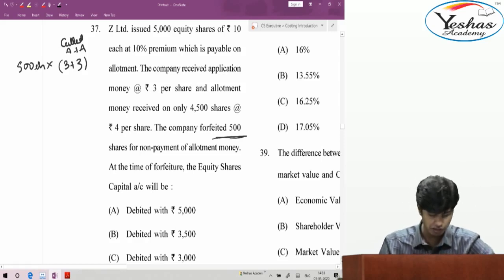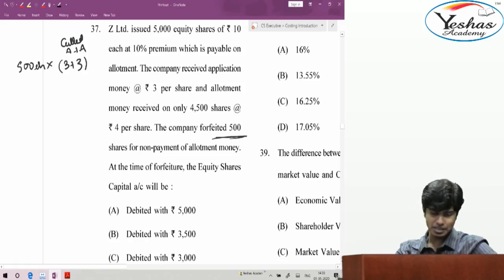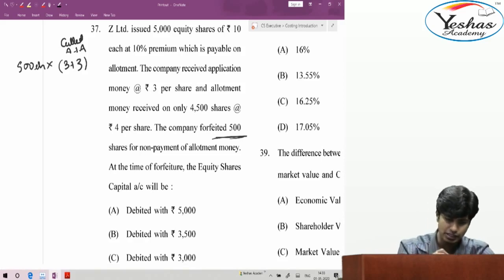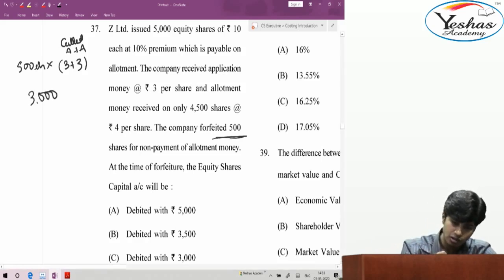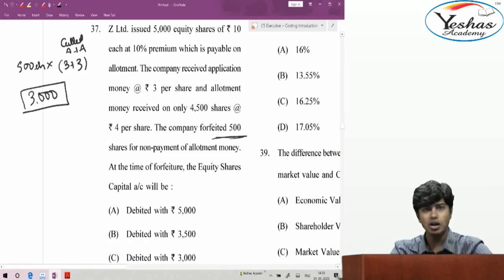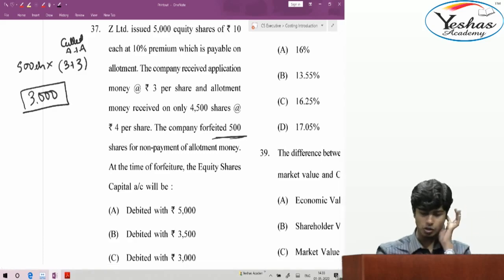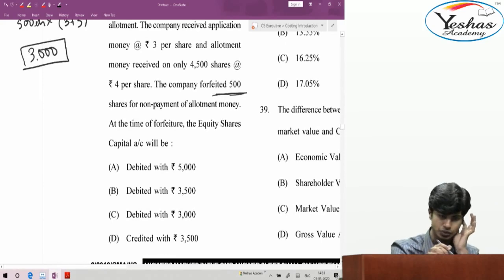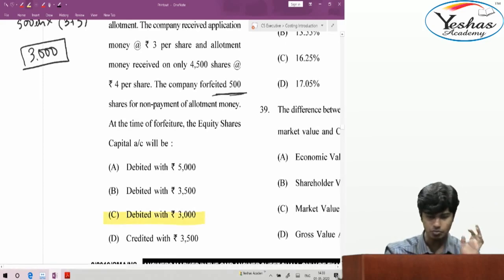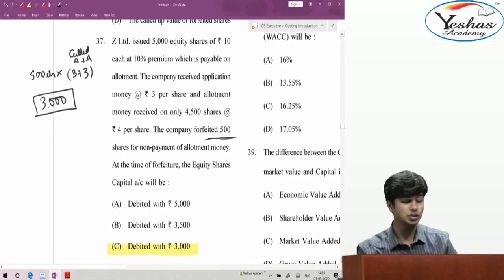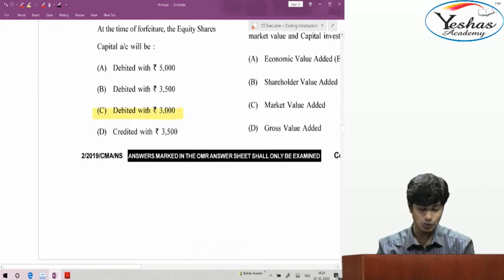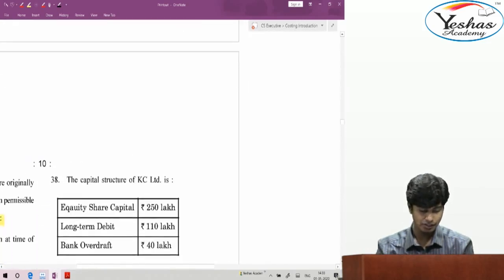We have not gone for the further call. So 6 into 500 is 3,000. 3,000 should be debited to share capital account. So the correct answer is option C. This is our question number 37. Come on, let us now go to question number 38. Shall we go to question number 38?